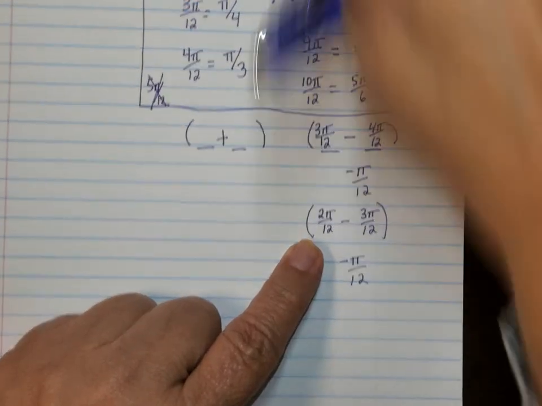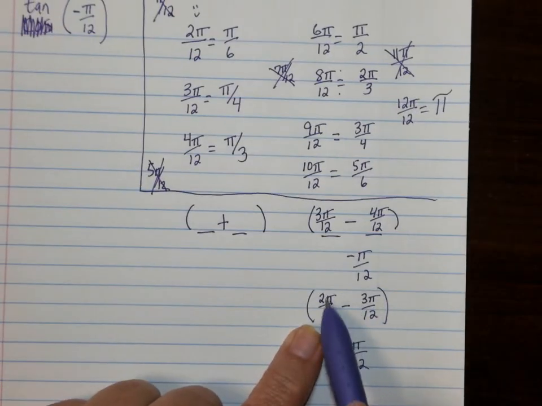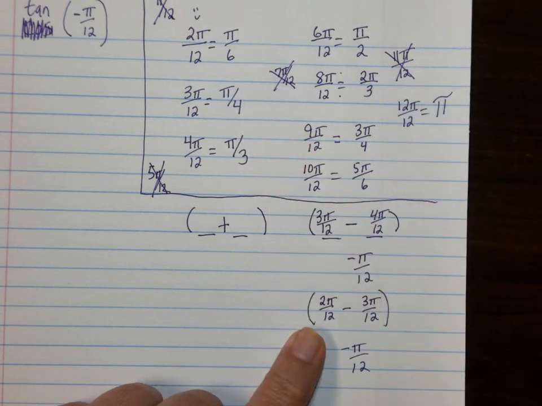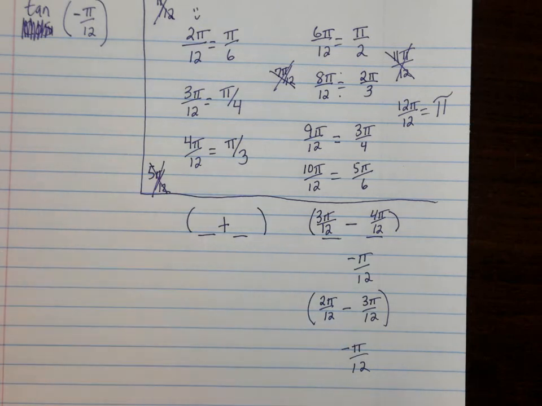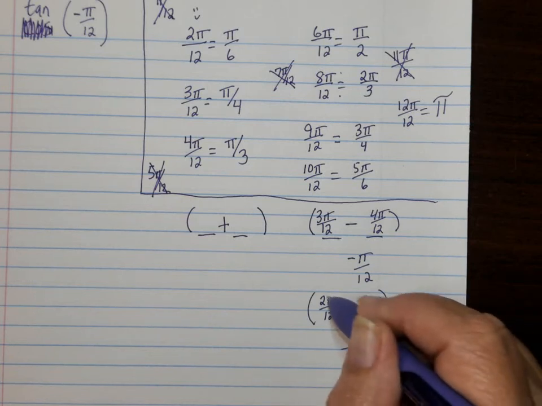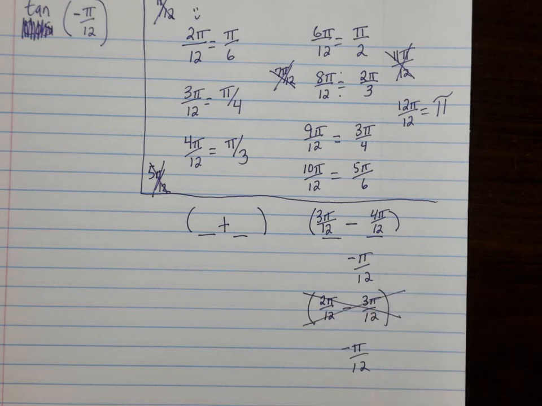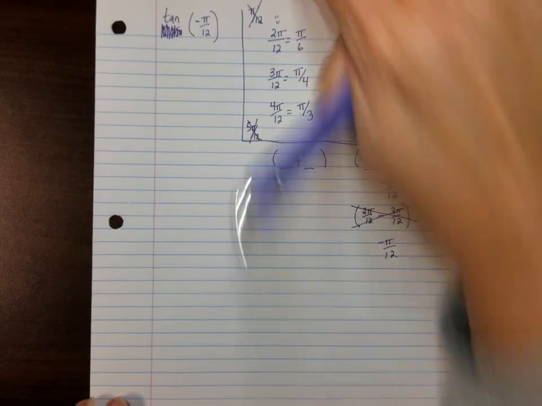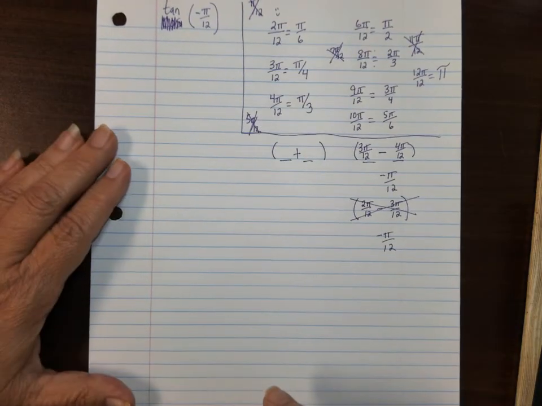But, and I could do it, but if I do this, I'll have pi over 6, and then my tangent answer is going to be a fraction, and then I'm going to have a complex fraction, and you guys know that that's just a pain in the neck. It's not hard, it's just cumbersome. So, because this is pi over 6, I'm going to say let's not go with that one, okay? So when you do these, you can save yourself a little bit of work if you think ahead.